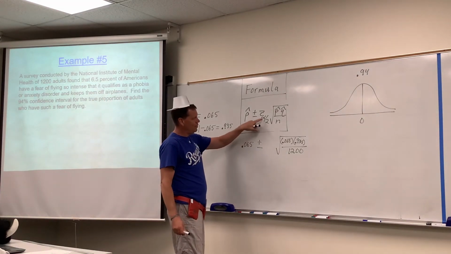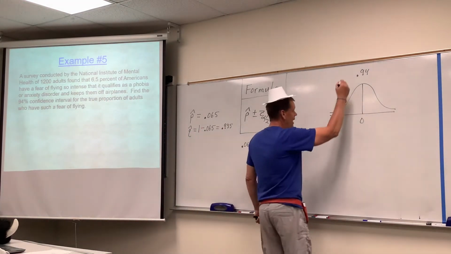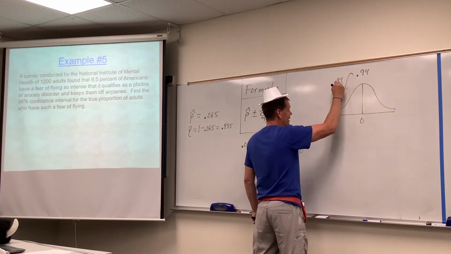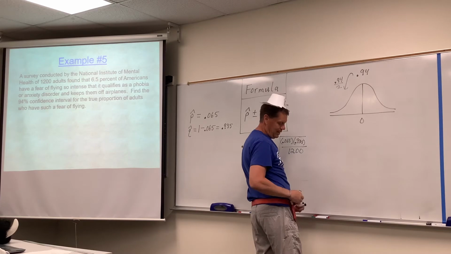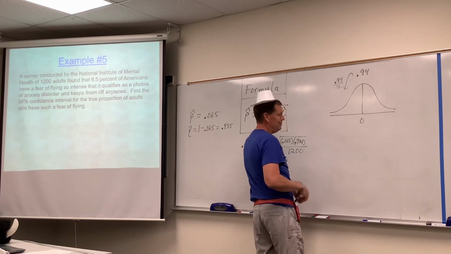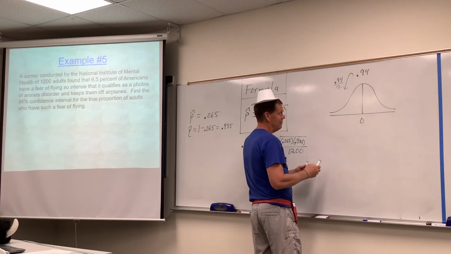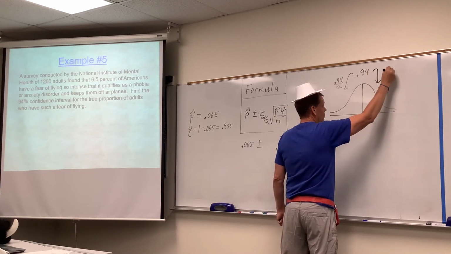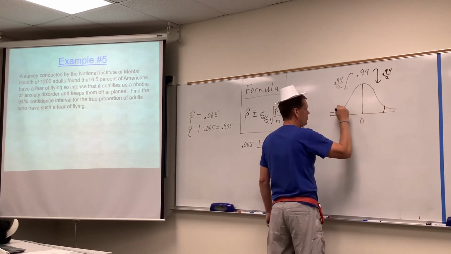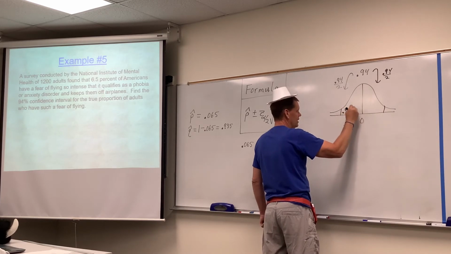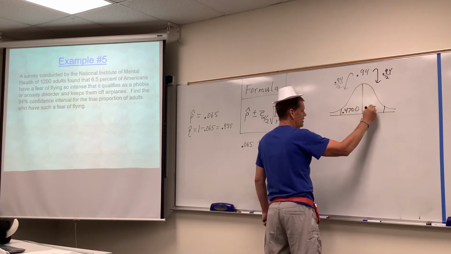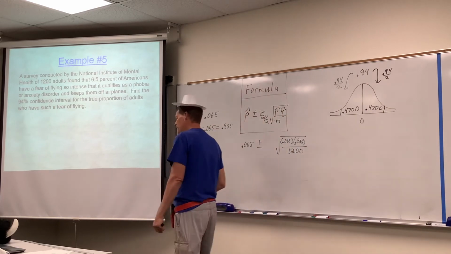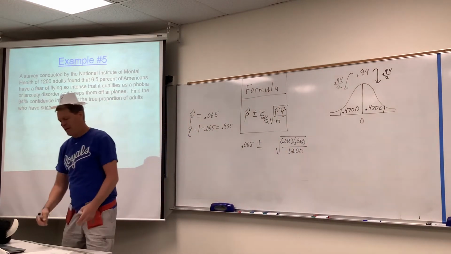We're going to divide that by 2. Technically 94% isn't the alpha, but it behaves the same way. You're going to cut it in half. So 94 cut in half is 47%. It's symmetrical, so cut it in half.